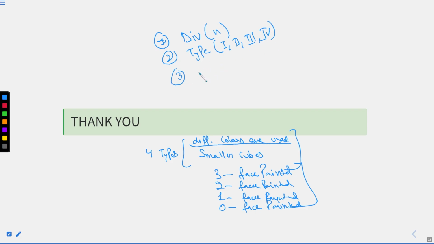Third is use the formula. Right. Fourth is mark your answers. Okay. These are the basic steps that you have to follow throughout this chapter. Right. And with this, from my end, I have completed this chapter.